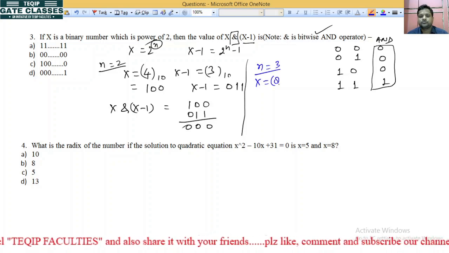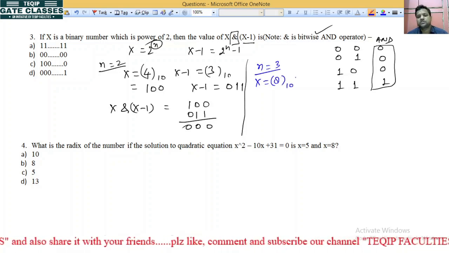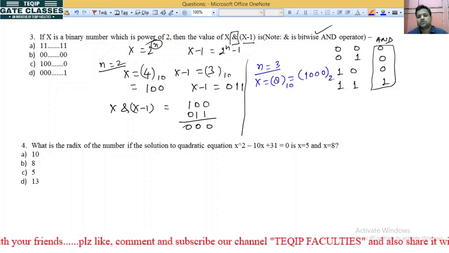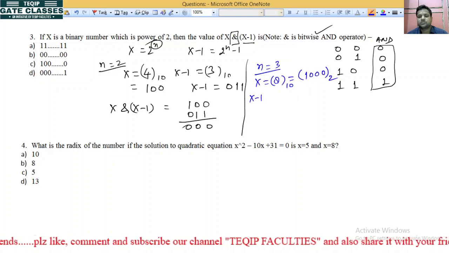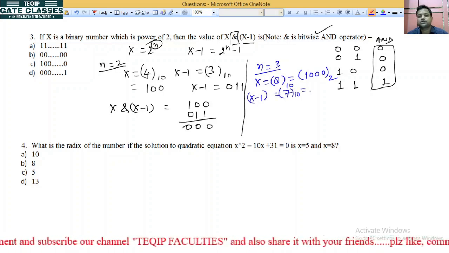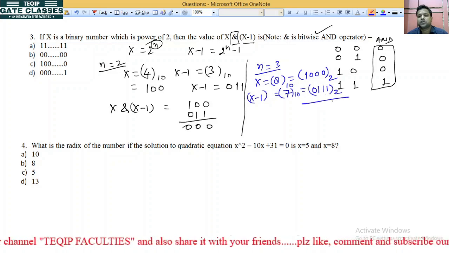Now again take a different value, suppose n equal to 3. So x will be 8, because it is 2 to the power n, 2 to the power 3, it is 8. Now x minus 1 will be 8 minus 1, that is 7. 7 is represented as 0 1 1 1.